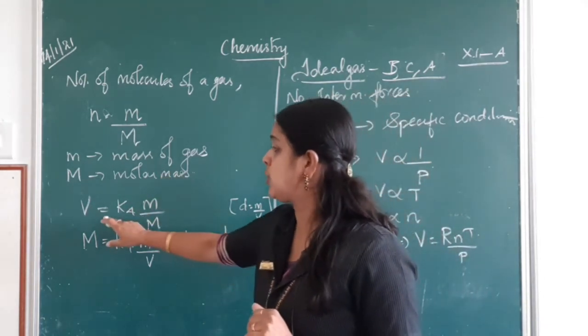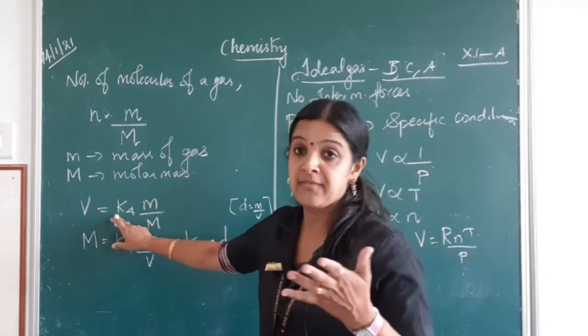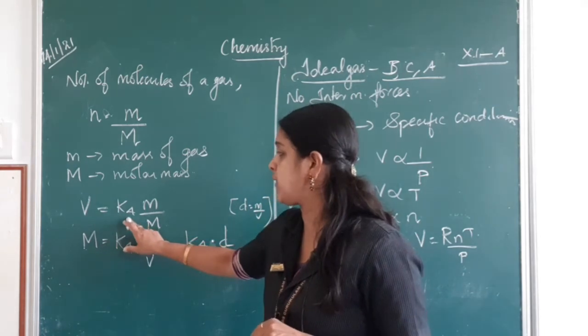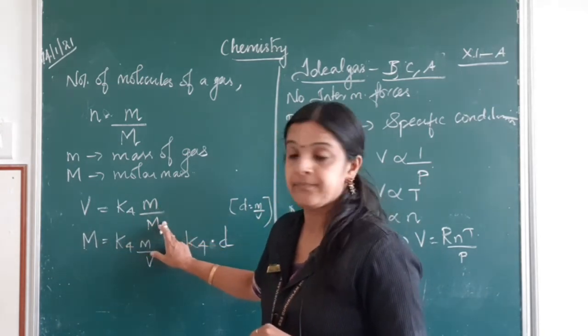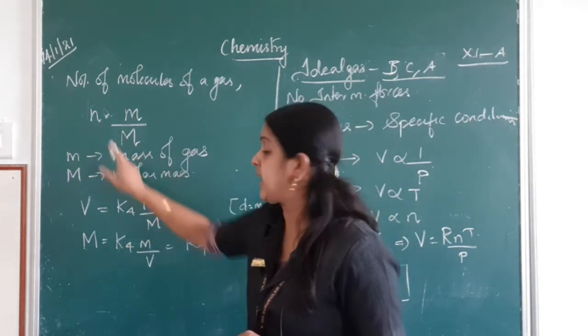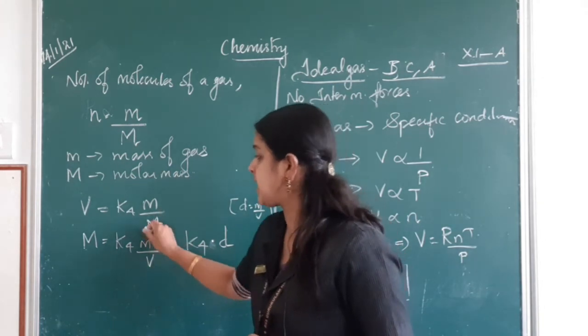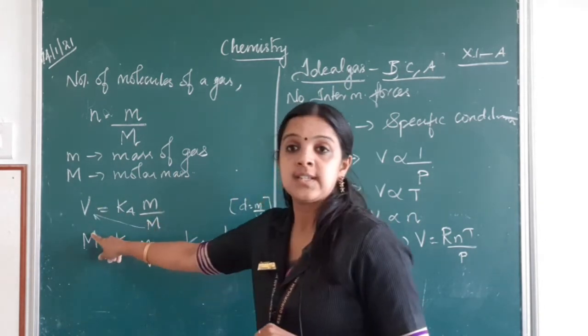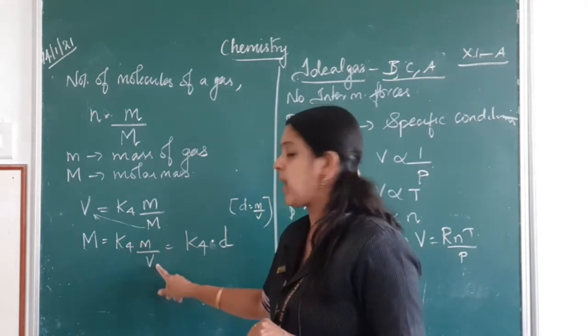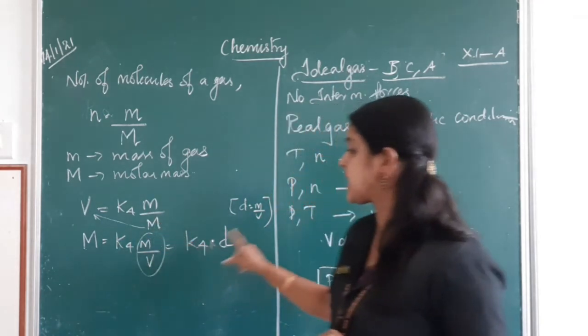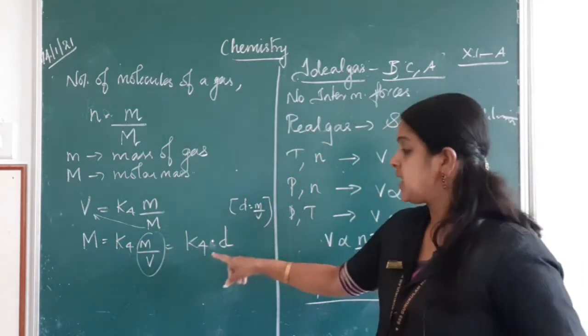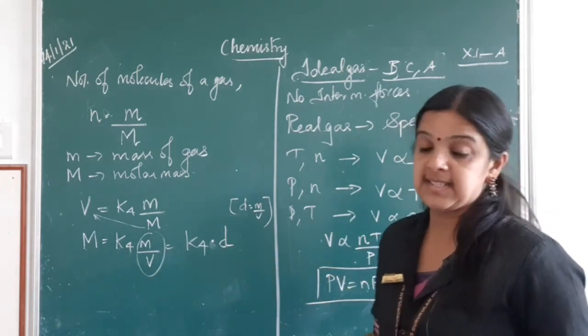So in Avogadro law, volume is equal to K4 into m by M, because I am substituting the value of n here. When I rearrange this equation, capital M becomes K4 into m by V, where mass by volume is equal to density. So K4 into density.